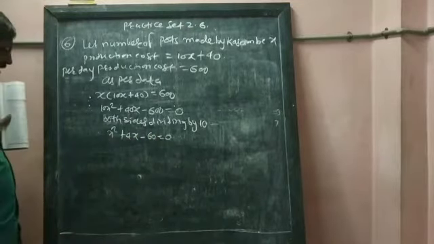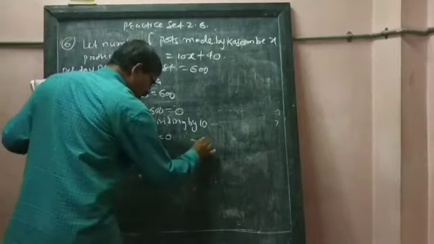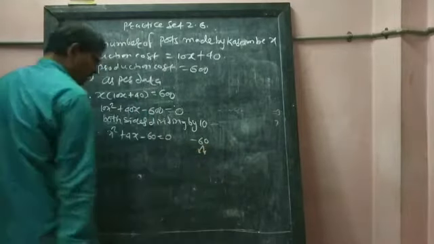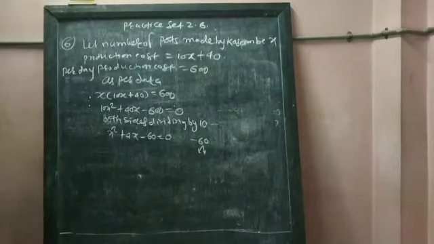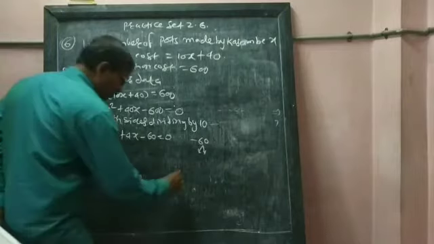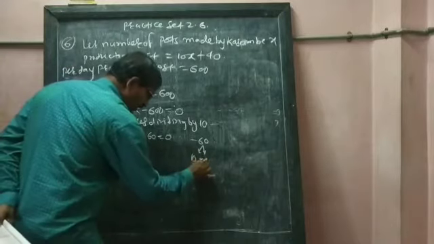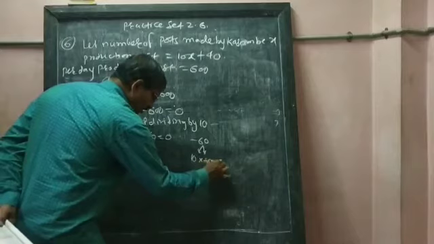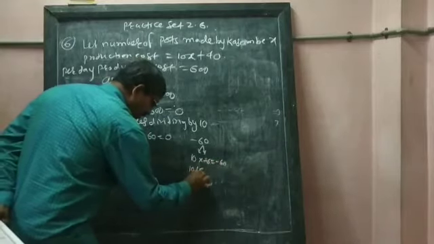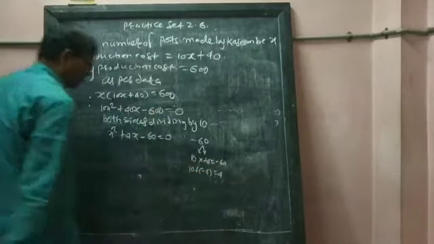Then we should split the constant term so that their product comes equal to minus 60 and their sum comes positive 4. Positive 4 wanted means 10 into 6 minus 6 taken. We will get minus 60 and 10 plus minus 6 gives positive 4.